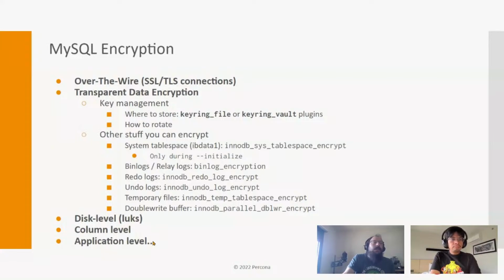Sometimes you truly don't want your data to be unencrypted anywhere. And the way to do that is to actually encrypt it in the application. If you truly don't want that data to be insecure at any stage, then encrypting in the application is the right thing.